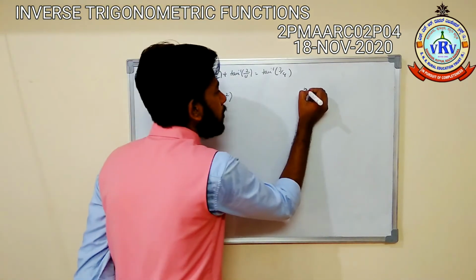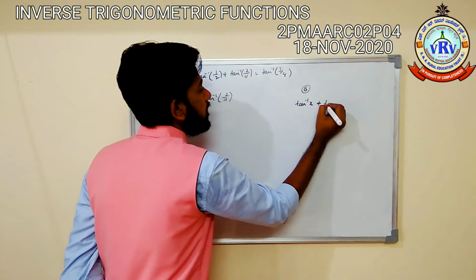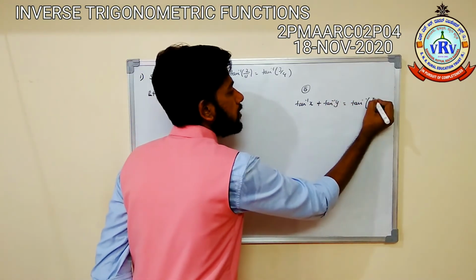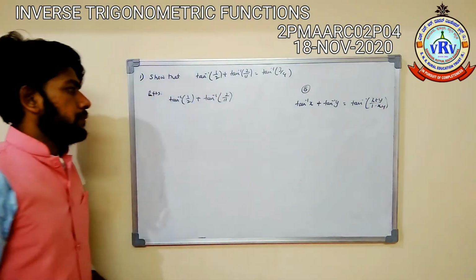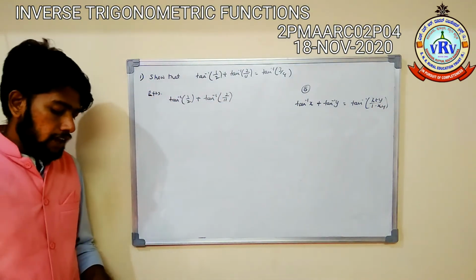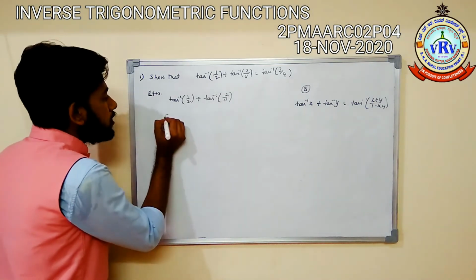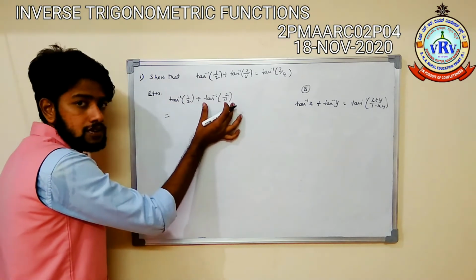We know from the property phi, tan inverse of x plus tan inverse of y is equal to tan inverse of x plus y divided by 1 minus xy. You can observe this looks like tan inverse of x plus tan inverse of y.